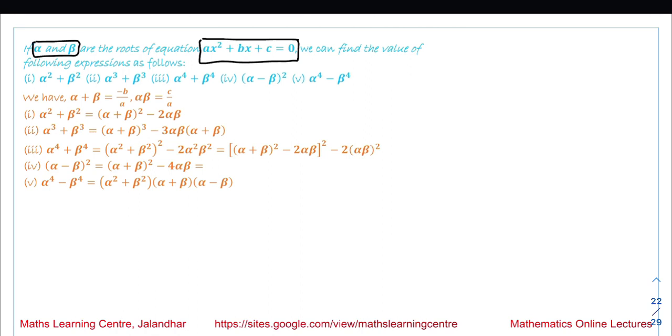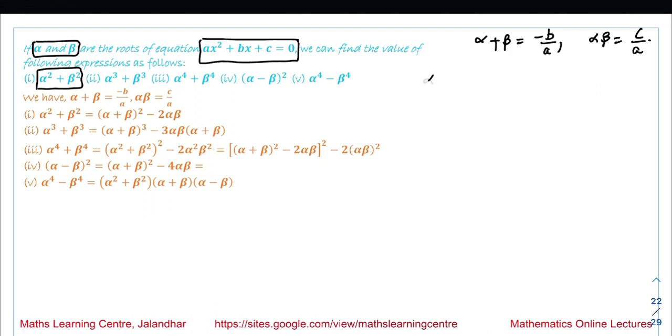Suppose we have to find the value of alpha² + beta². The values that we know are alpha + beta = -b/a, and alpha into beta = c/a.